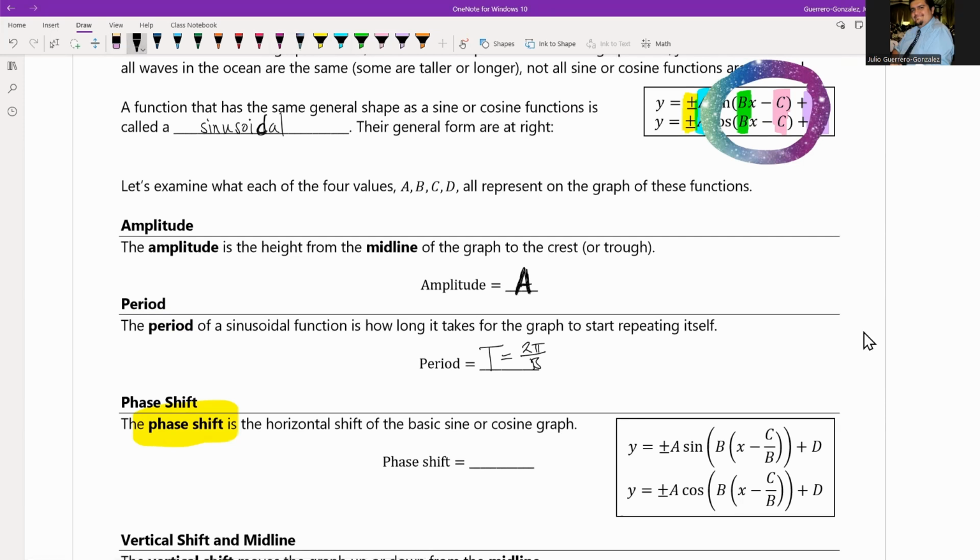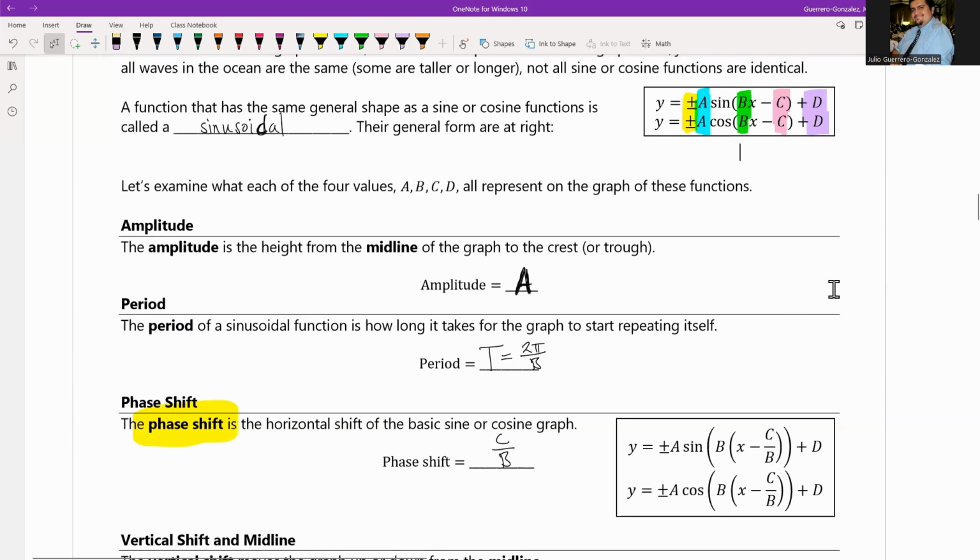In particular, it's going to be C divided by B. And it's going to follow the same rules that it did from chapter 1. If this value right here is negative, you're moving it toward the positives. If it's positive, you're moving it toward the negatives.